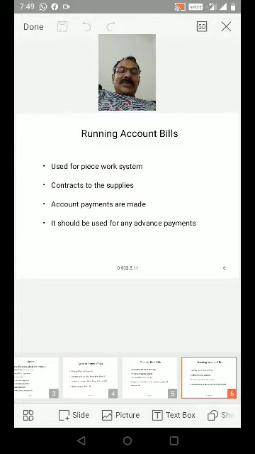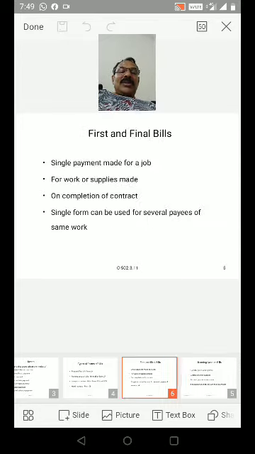Advance payments: before starting for the particular work, payment should be made. So it should be used for any advance payments. So running account bills, this is second one from types of forms of bills.